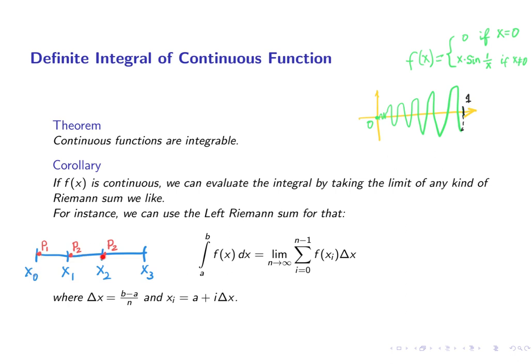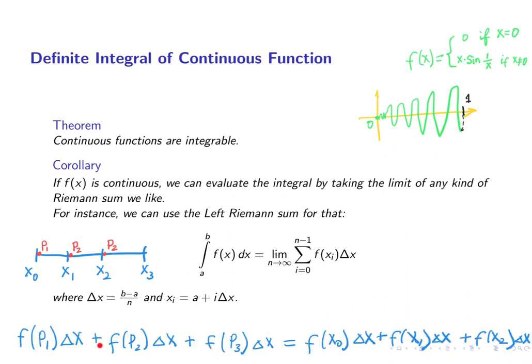For the second interval between x1 and x2, we would choose the sample point to coincide with the leftmost point, so with x1. And on the last interval, the sample point would coincide with x2.